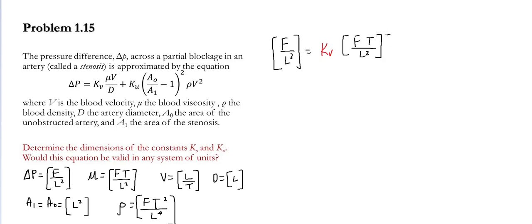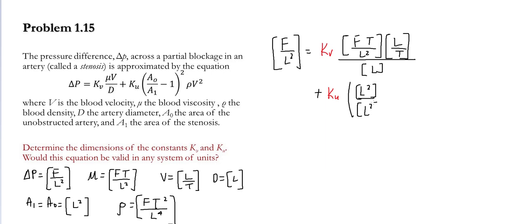Mu is equal to force times time over length squared. We're going to multiply by velocity. Velocity is length over time. And then we're going to divide by diameter. Diameter is length. Okay. And I'm going to do the second part, so I'm going to write in another line. We're going to have Ku. And then we're going to have the area A naught, which is length squared.